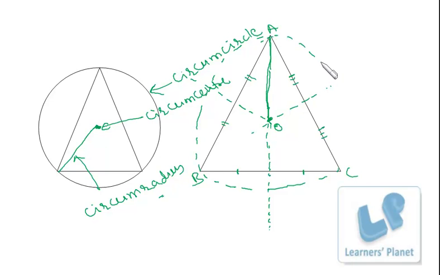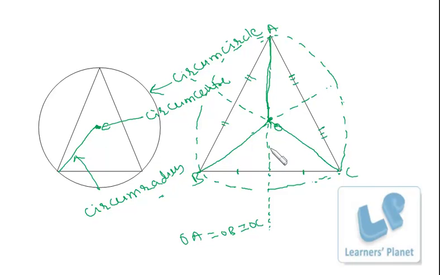I'm not able to draw it neatly, but you can understand the concept, right? So OA will be equal to OB will be equal to OC, and OA, OB and OC are nothing but the radius of the circumscribing circle.